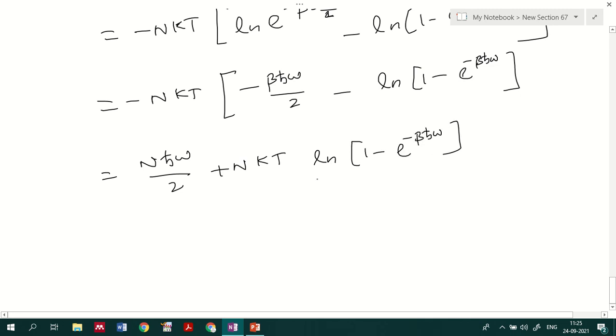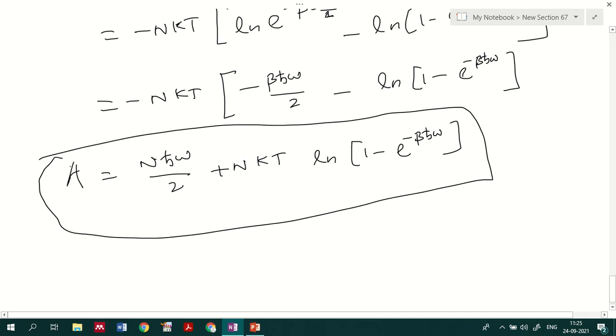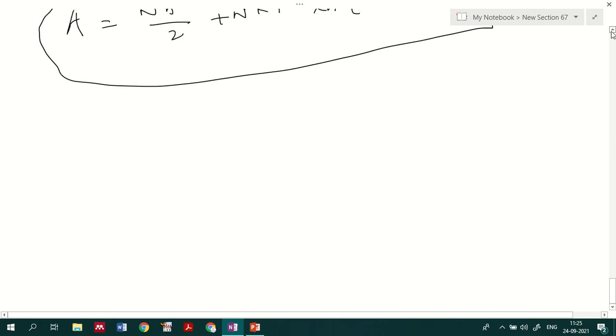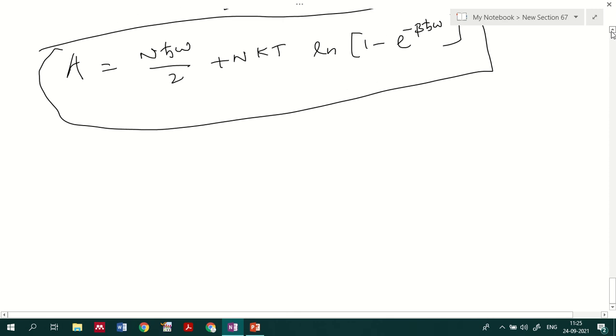This is how I will be getting the Helmholtz energy representation. So A equals n h cross omega divided by 2 plus nkT ln of 1 minus e raised to minus beta h cross omega. Once I get the Helmholtz energy, it is easy to find the pressure and chemical potential and the corresponding values. So we can do that as well.